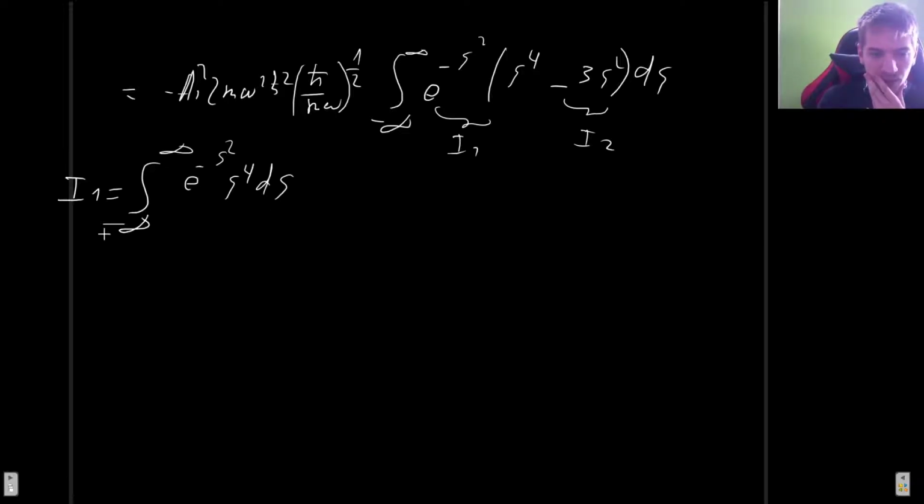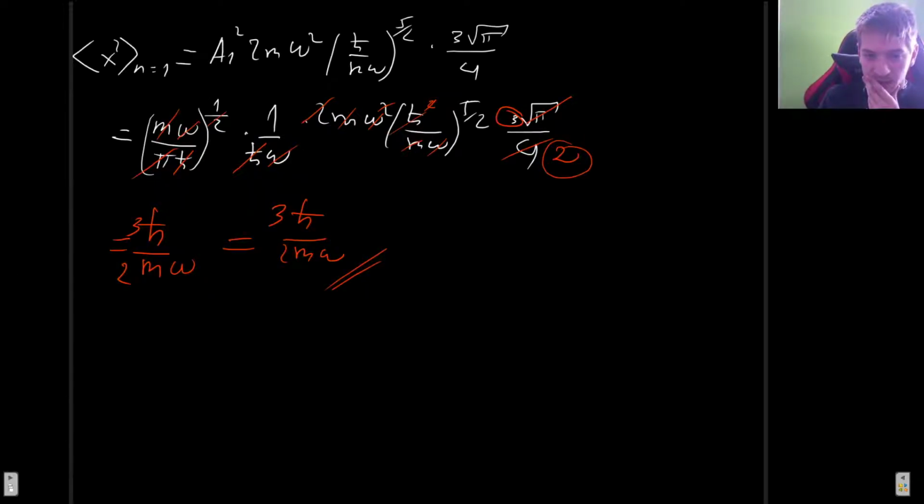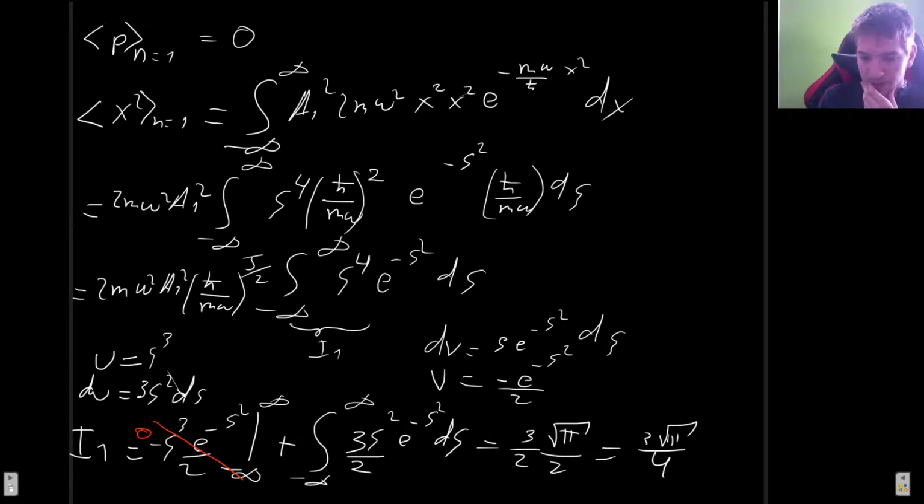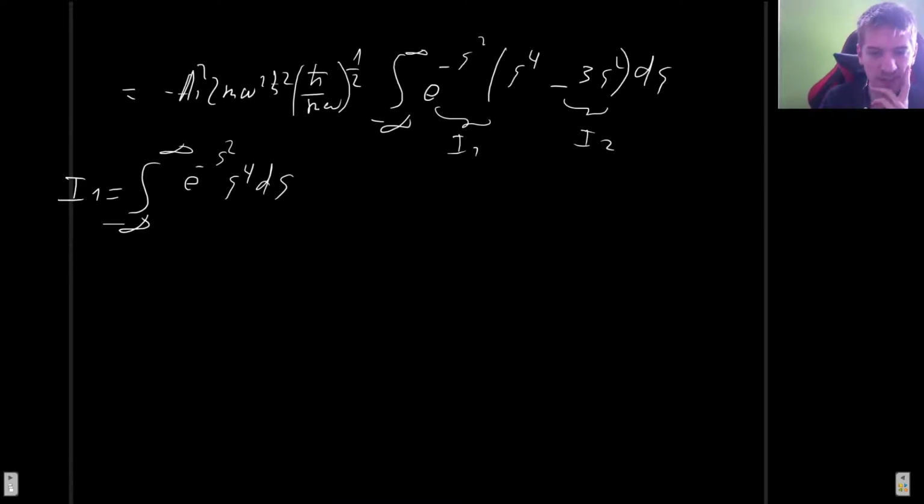But this is something we already solved somewhere. Let me see where it is. There it is. We solved it when we were calculating the x squared part, right? Okay, I kind of destroyed it there, but the result was 3 square root of pi divided by 4. So there's really no point in calculating it again. It's 3 divided by 4 square root of pi. And the second integral is going to be, well, this minus 3 is just a constant.